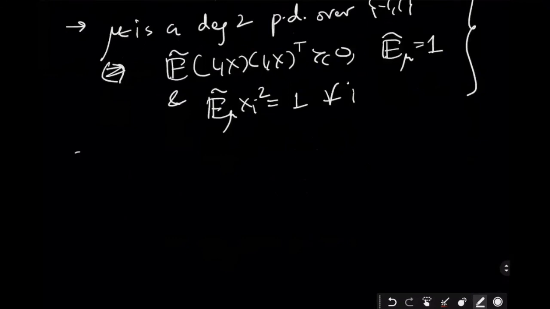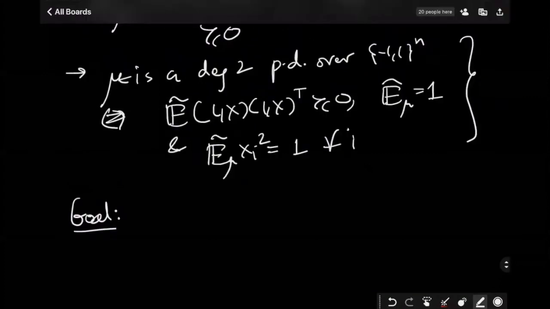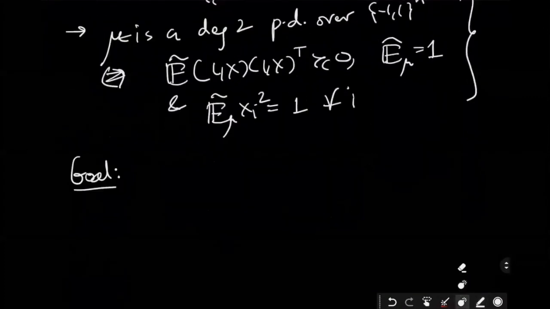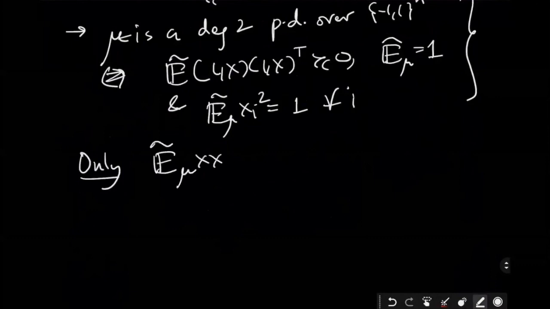And so now, our goal is, and remember, for fGx, because it only depends on expectations of xi and xj, like only depends on these degree 2 expectations, we only need to worry about E_mu of xx transpose.